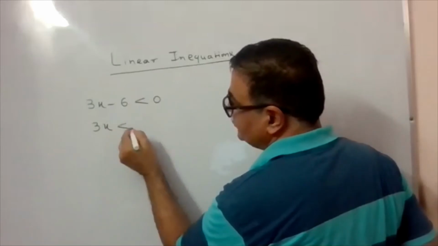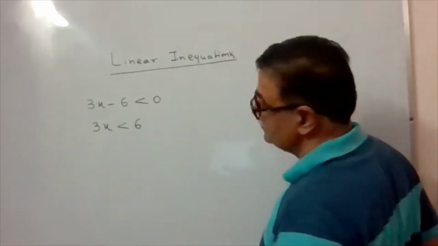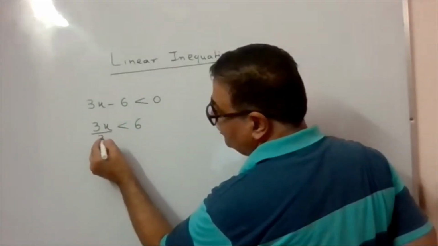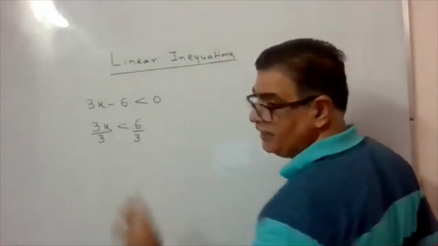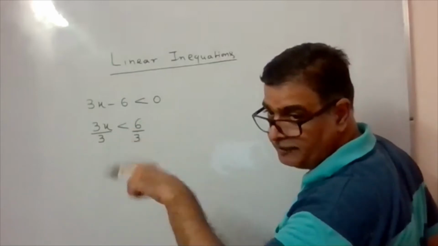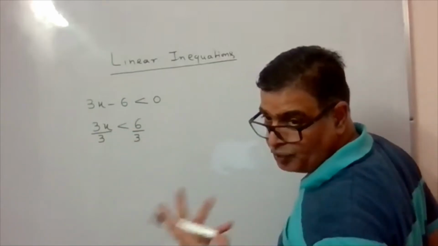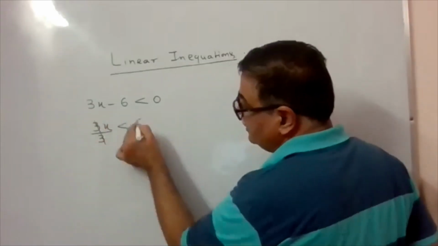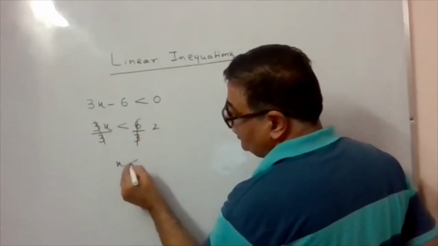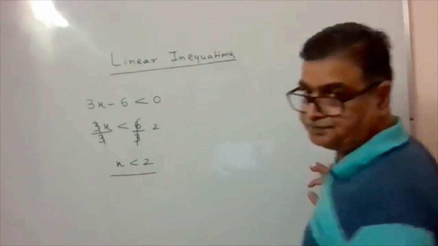I'll take this side, so it will be less than 6. Divide by 3 on both sides, there is no problem, because I want x. I told you if you divide a positive number on both sides, there will be no change. So this 3 gets cancelled out. This comes out to be 2. So I got it, x is less than 2.